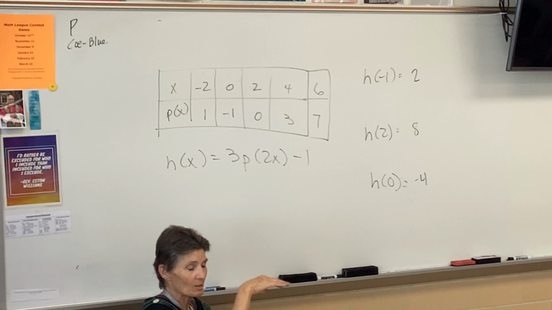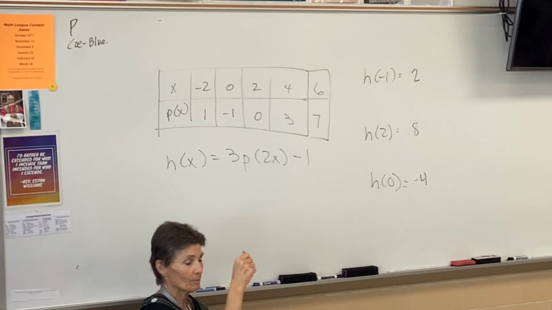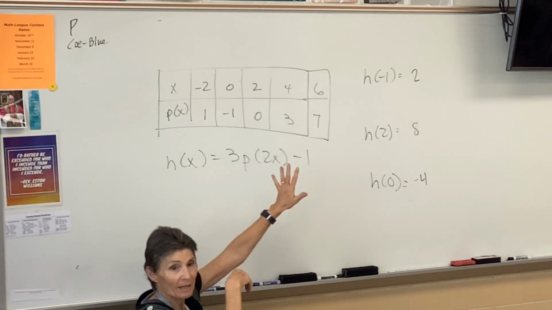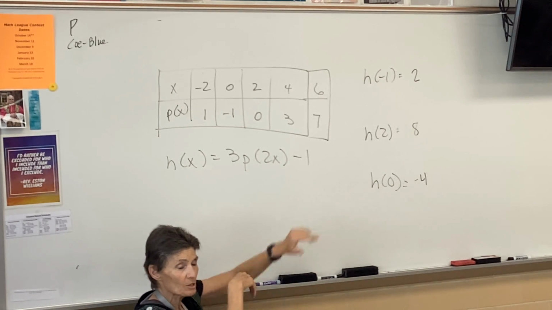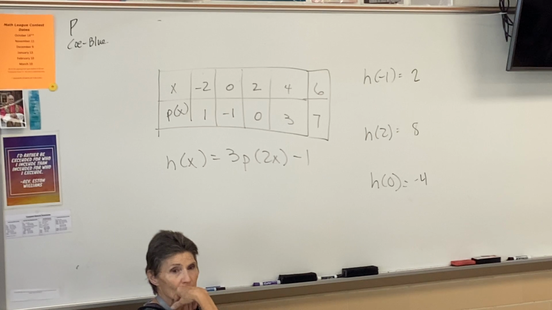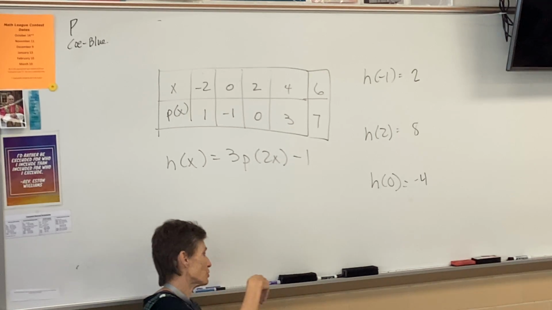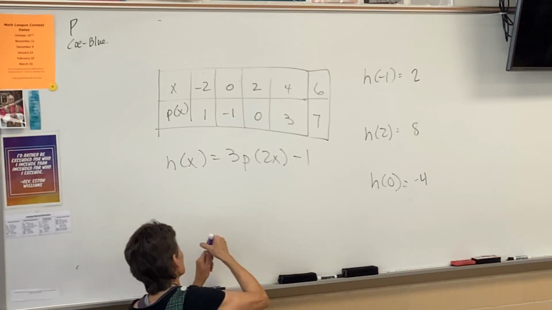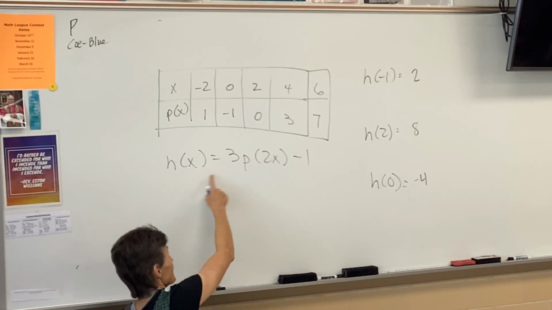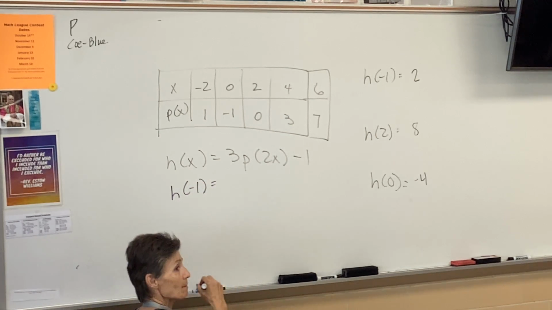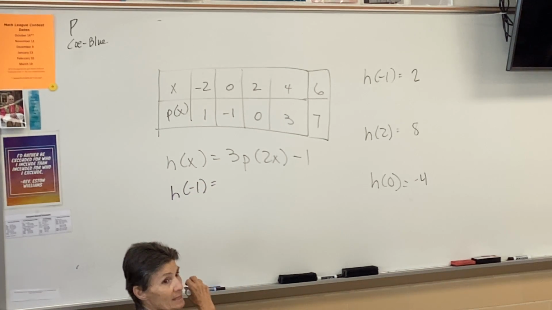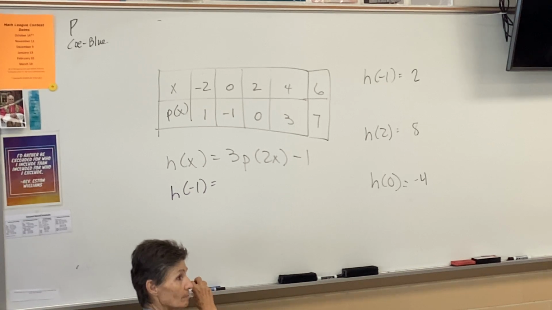I see some racing going on back there, Lydia. I agree with you. You want to tell us? Let's just start with that first one. H of -1. What did you do, Lydia? I put -1 times 2. So she evaluated, okay, here's H right here. So when it says find H of -1, doesn't that mean we need to let x be -1?